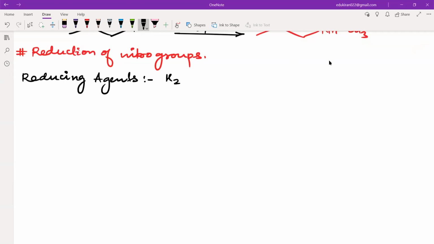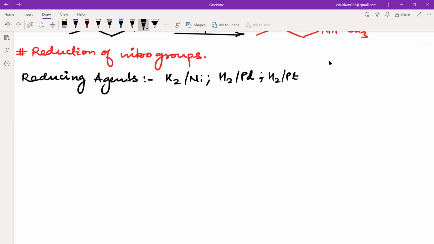Reducing agent, H2 in the presence of nickel, or you will have H2 in the presence of Pd, or you can also have H2 in the presence of Pt. Now, what else can we use?